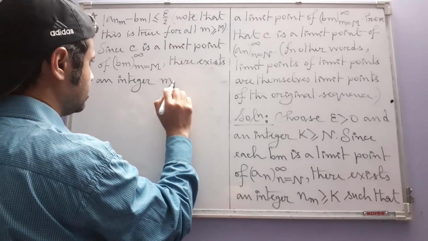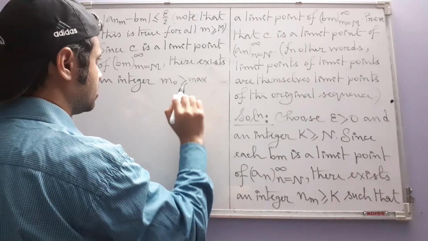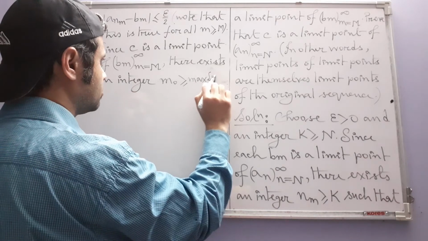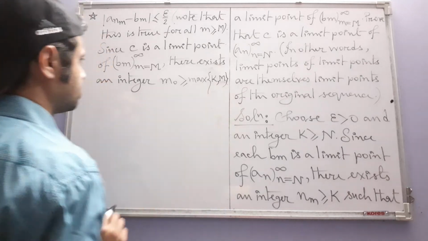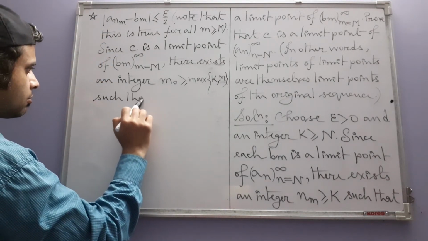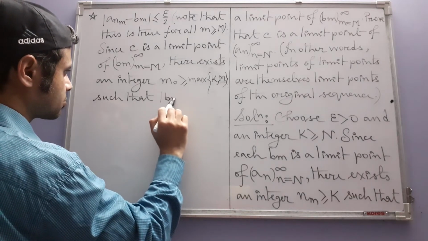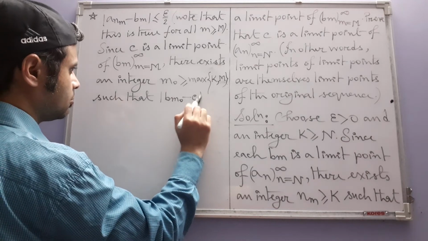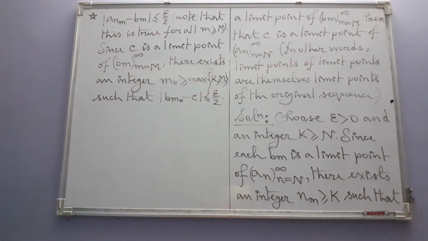We would take that integer to be greater than or equal to the maximum of k and capital M, such that this distance is less than or equal to epsilon by 2.